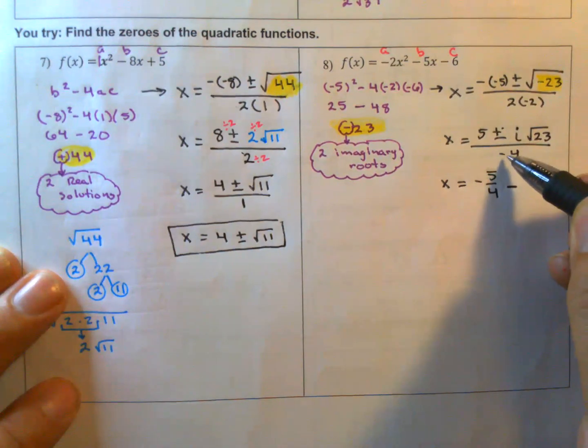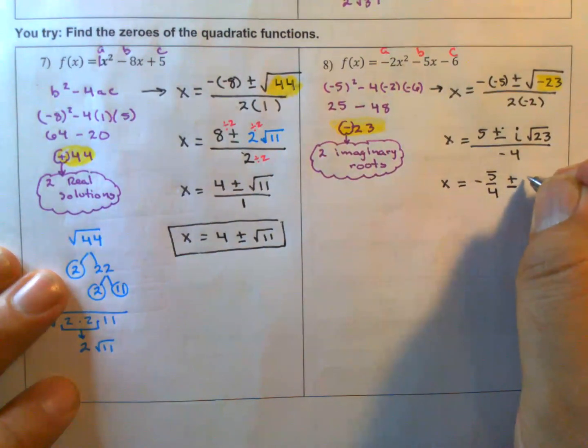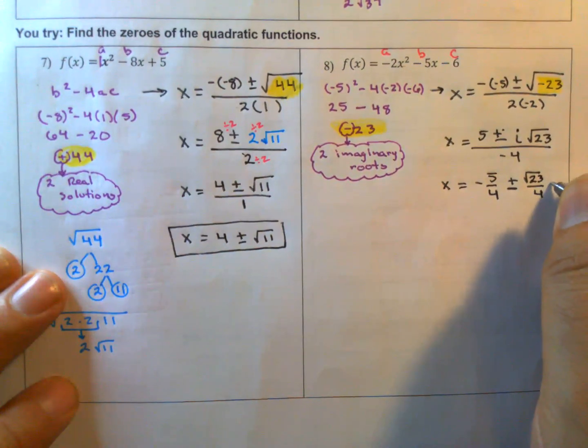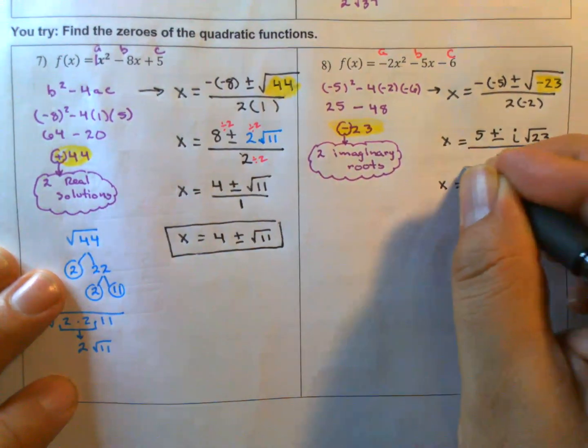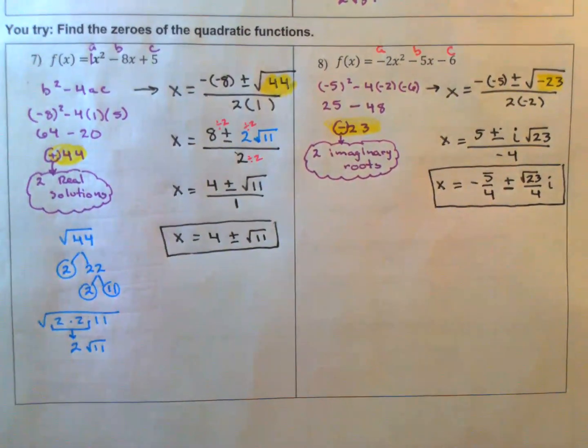A negative divided by a negative is positive. So if you notice, the plus or minus doesn't really change. It's still going to be there. But now I have the square root of 23 over 4. And of course, as usual, we have our I value to the side. And just like that, there's our two imaginary solutions.